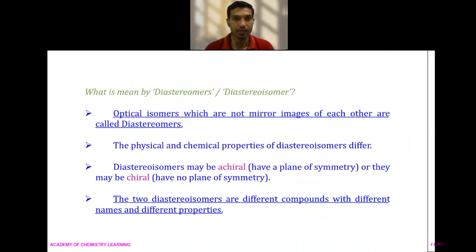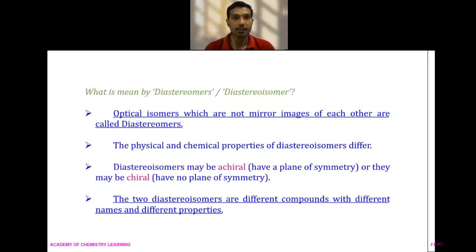Now what is meant by diastereomers, or you can say diastereoisomers? Any optical isomers which are not mirror images of each other are called diastereoisomers. As they are not mirror images of each other, they are completely different structures, different molecules, and hence they have different physical and chemical properties.